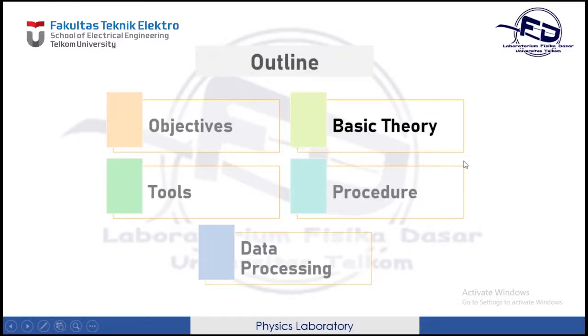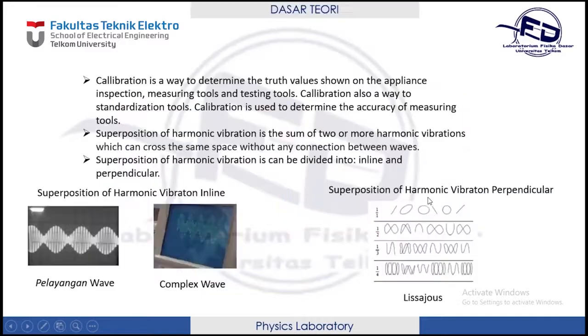Okay, the second is basic theory. Calibration is a way to determine the truth value shown on the measuring tools and testing tools. Calibration is also a way to standardize tools, and it is used to determine the accuracy of measuring tools.